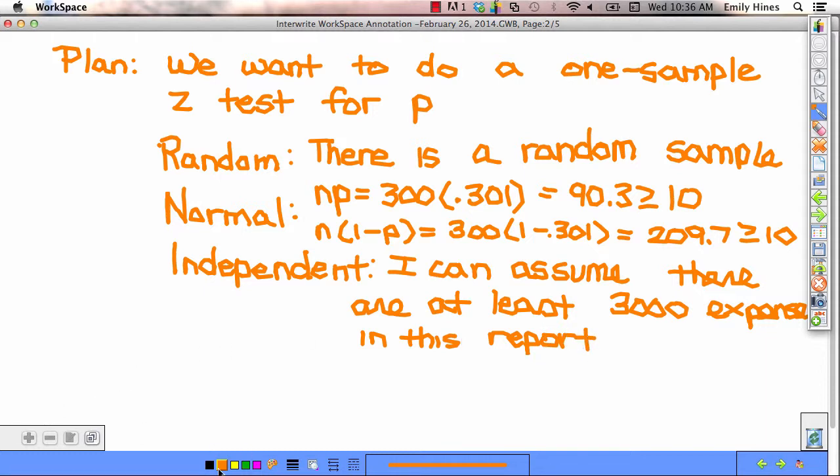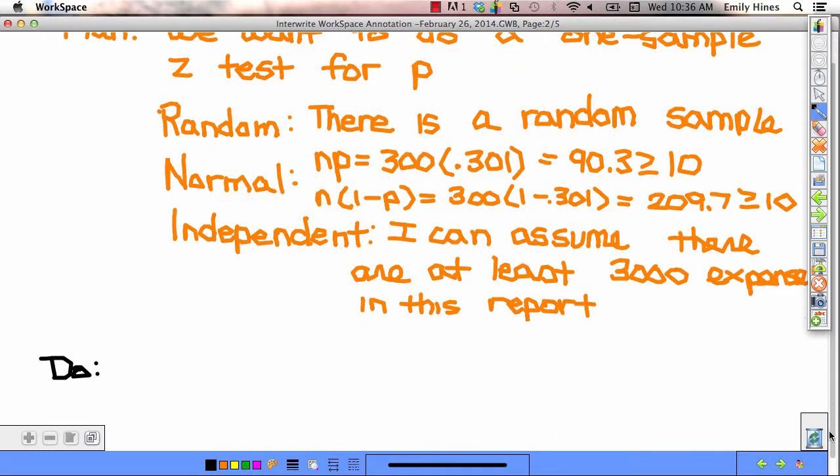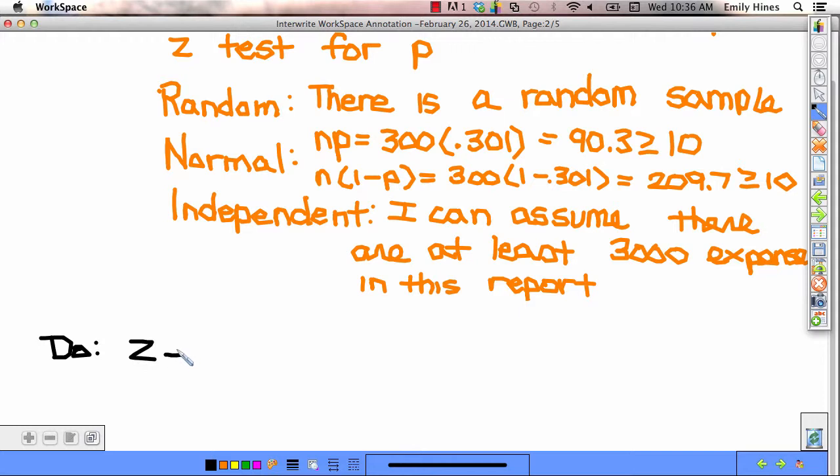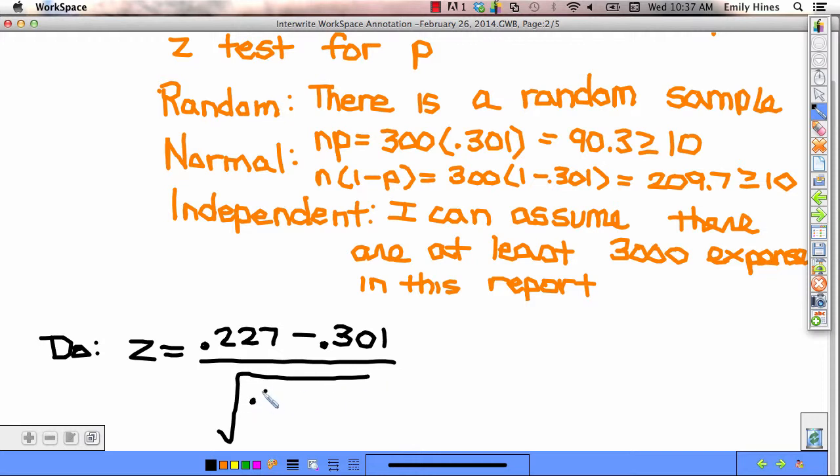Then I am ready to do the do statement, where I find my z-score. Okay, my value, which we said was 0.227, that's the 68 over 300, minus what we assume it really is, because that would be the mean of our sampling distribution, divided by the standard deviation of our sampling distribution, which would be the square root of 0.301 times 1 minus 0.301, divided by the sample size, which is 300.